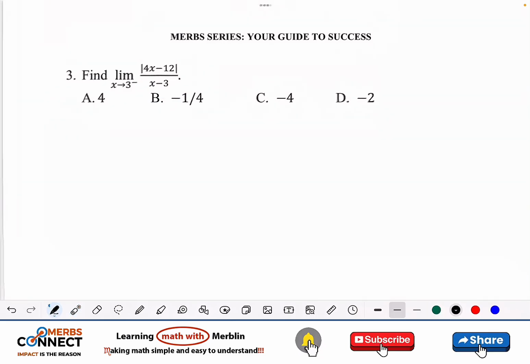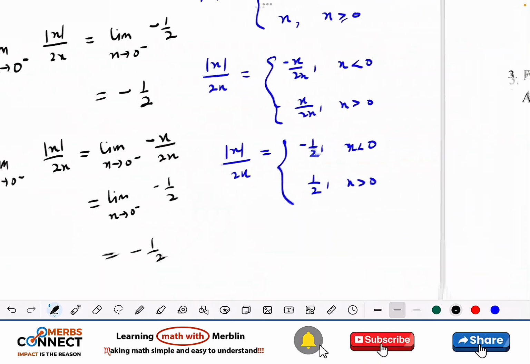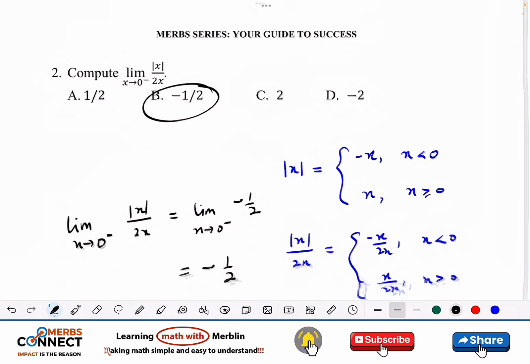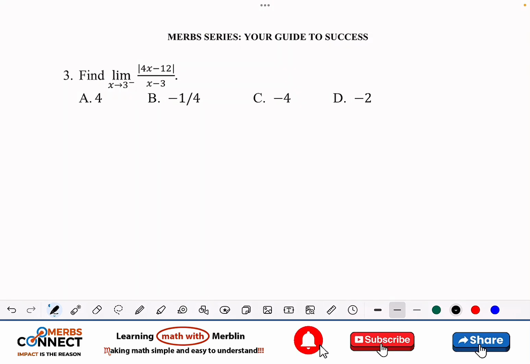So I'm not going to build the piecewise function again. You can go through the same process if you want to build a piecewise function to help you, but I'm just going to use a shortcut. So this is what I'm going to do so that I finish the question. The limit as x approaches this from the negative side of the absolute value of 4x minus 12 over x minus 3.